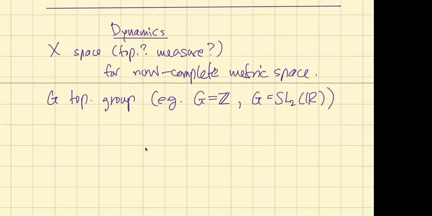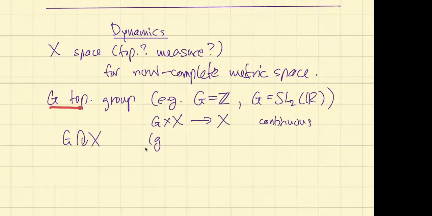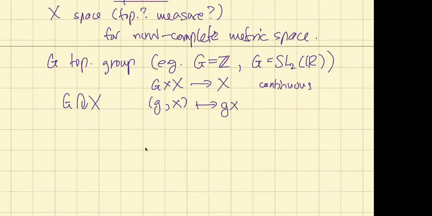And we have an action. G acts on X, which means that we have a map from the Cartesian product G cross X to X, and it's continuous with respect to the topologies. We have a topology on G, a topology on X, and so a topology on this product, and with respect to it we want this map to be continuous, and it should be a group action. Let's denote this in the standard way for group actions.